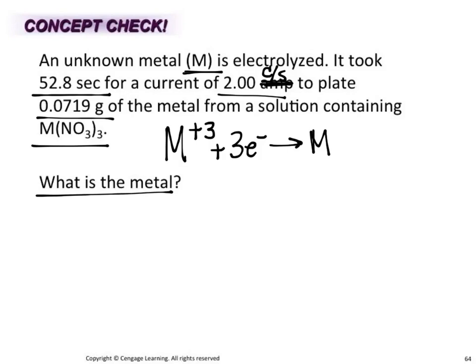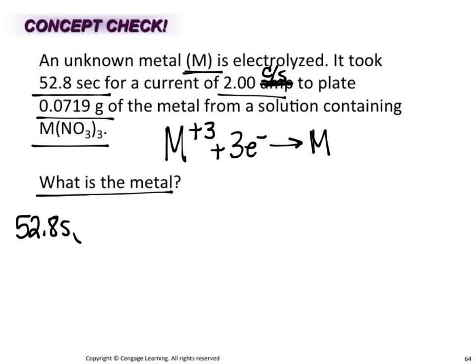The next thing I need to do is figure out how many moles of M were produced. So I start with the easiest thing that I know. I know that we had a time of 52.8 seconds. I have to get these seconds to moles somehow.